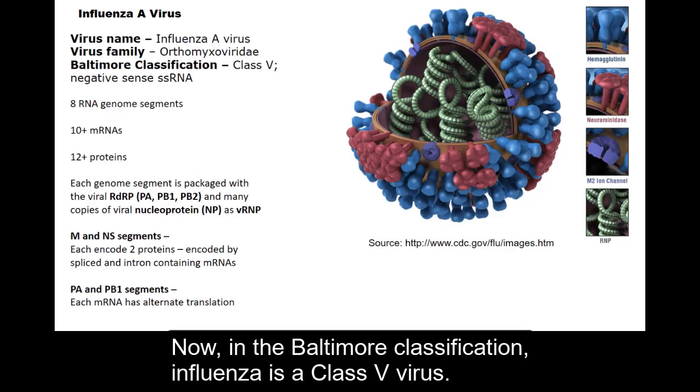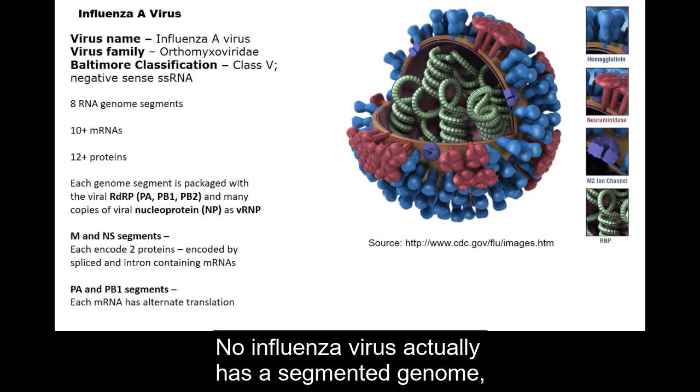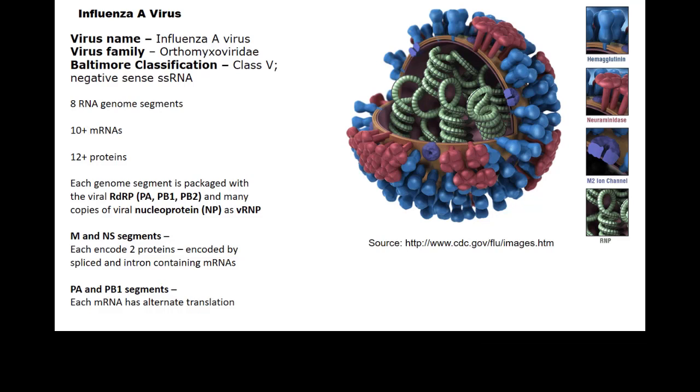Now, in the Baltimore classification, influenza is a class 5 virus. This is a negative sense RNA virus, so it has a single-stranded RNA genome. Influenza virus actually has a segmented genome, and so there are 8 RNA genome segments.